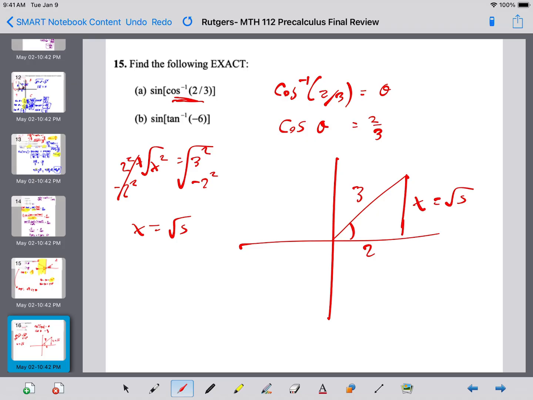So then, for this same theta, you're finding sine. So sine of theta equals opposite, so radical 5 over hypotenuse. So you'd get radical 5 over 3. Okay.